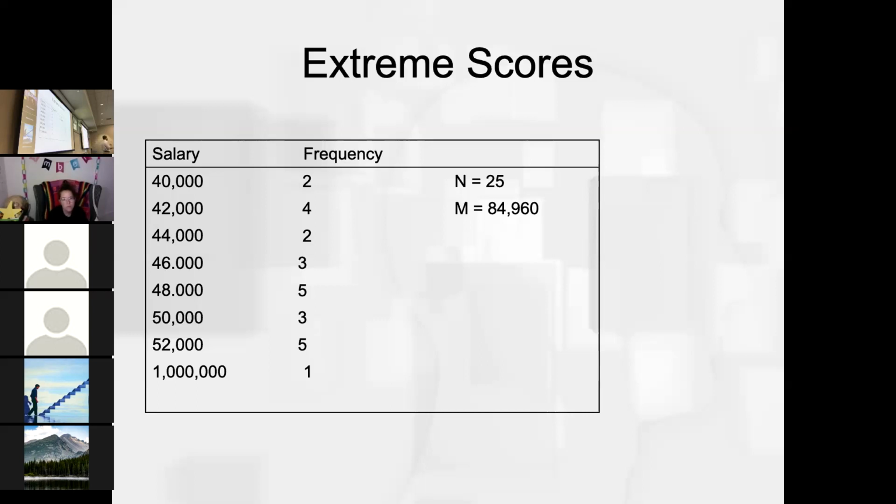So you can see how the data set didn't really change, but for one person. But that score that we're expecting to be completely representative, that mean, is no longer really all that representative. In fact, there's only one person that makes anywhere north of 84,000, 85,000.